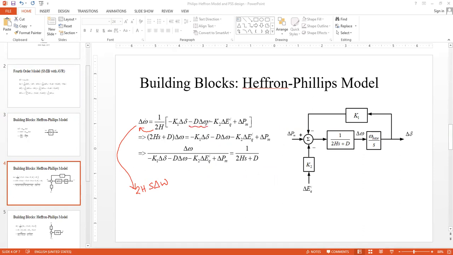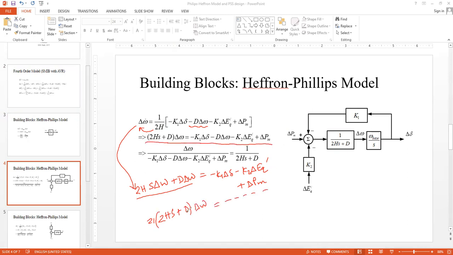Then you see there is another minus D del omega, so I'm taking this as D del omega. And then I'm writing minus k1 del delta minus k2 del eq prime plus del pm. Then I'm taking this common: 2Hs plus capital D into del omega equals whatever we have.